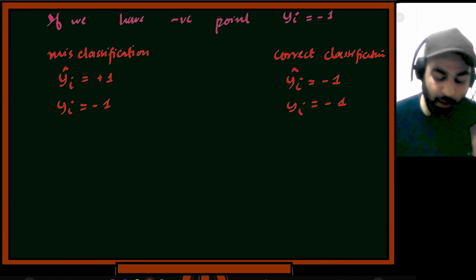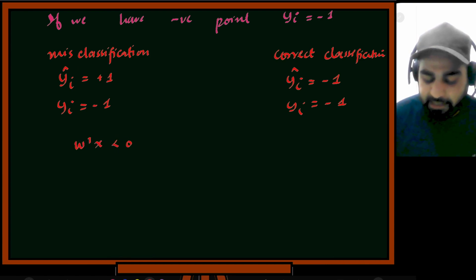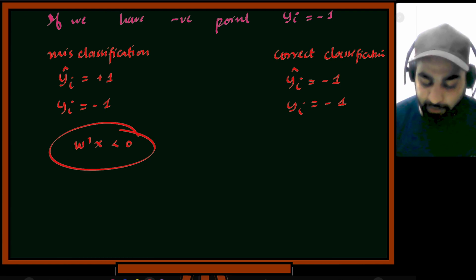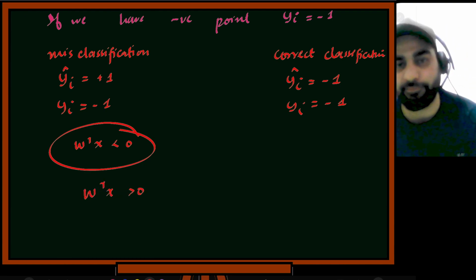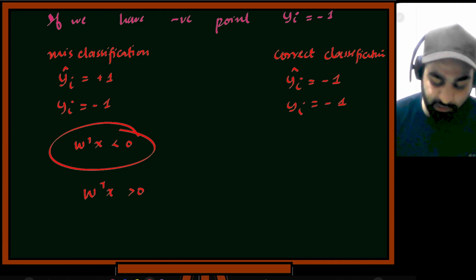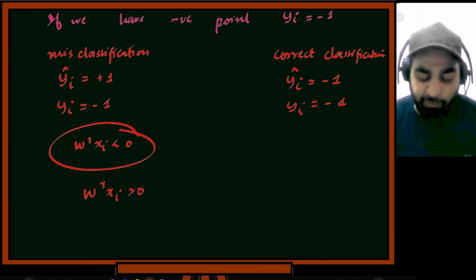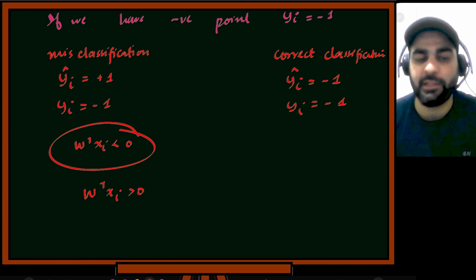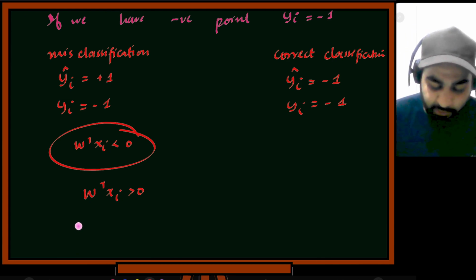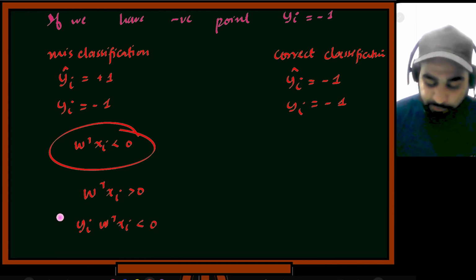Now if the misclassification happened, w transpose x should have been less than 0 in the ideal case, because this was a negative point. But our prediction was w transpose x greater than 0. This is what we predicted. So this quantity was now greater than 0. Now if I multiply this with the actual yi, then yi w transpose xi becomes less than 0.